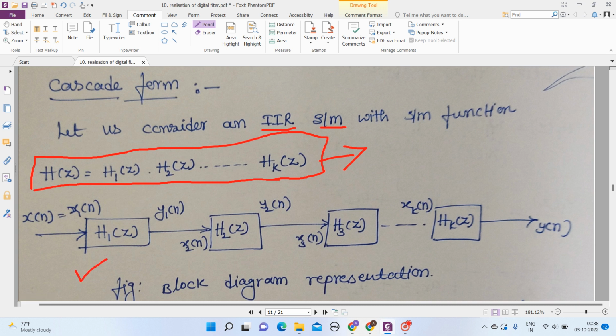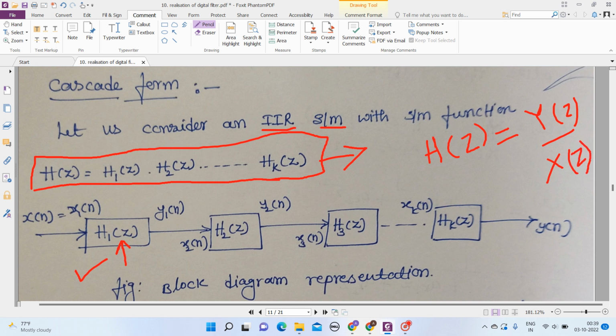Here we call H1(z) a transfer function, and also a system. The system function, you know very well, is the general equation H(z) = Y(z) output divided by input X(z).